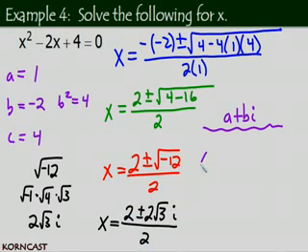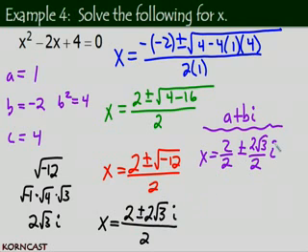So we would get x equals, well, 2 divided by 2, plus or minus 2 root 3 divided by 2, times i. So now, x is equal to a complex number in complex number form.